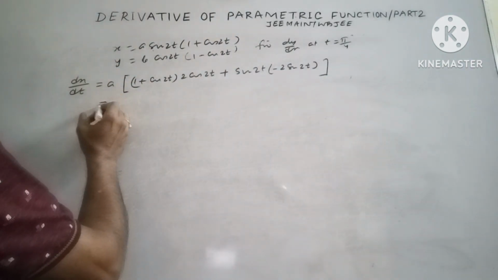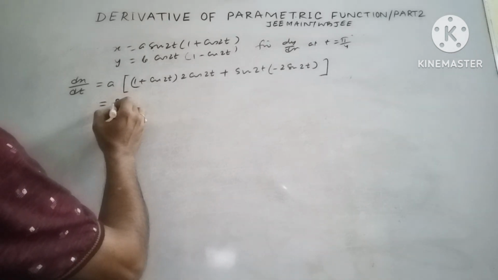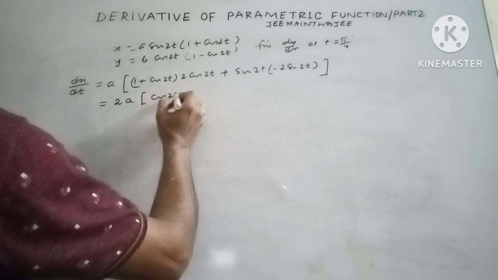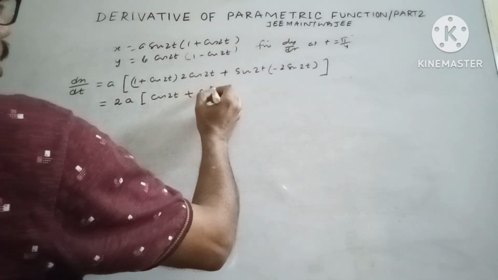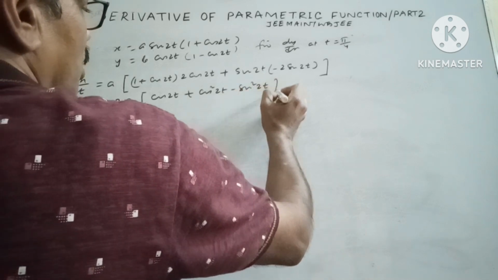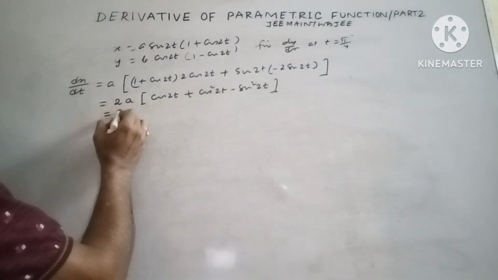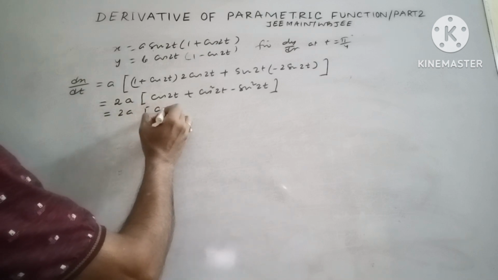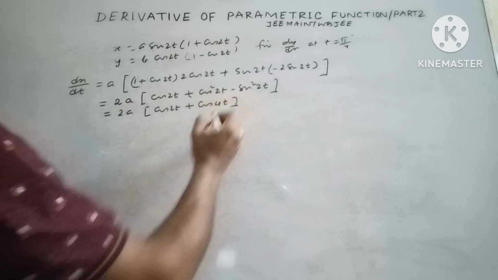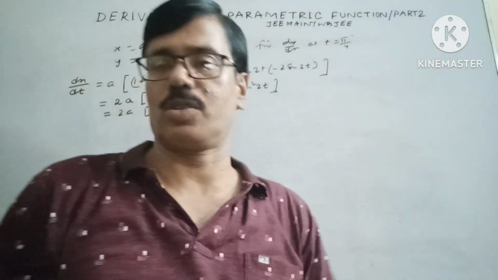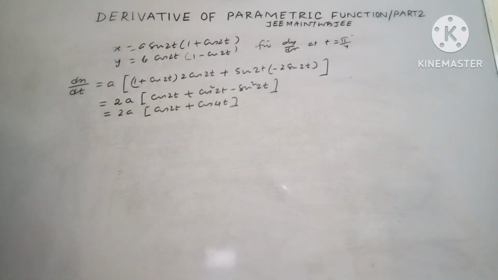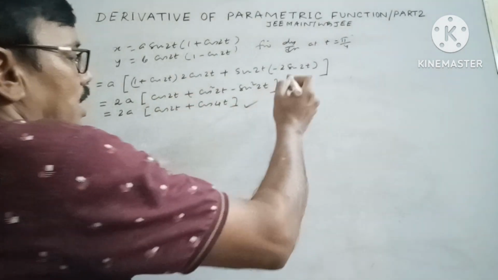So finally, taking 2 common, 2a into cos 2t plus cos square 2t minus sin square 2t. This is also a well-known formula: cos 2t plus cos 4t. Cos square t minus sin square t is cos 2t, so here the argument is 2t, so 4t. So this is dx by dt.